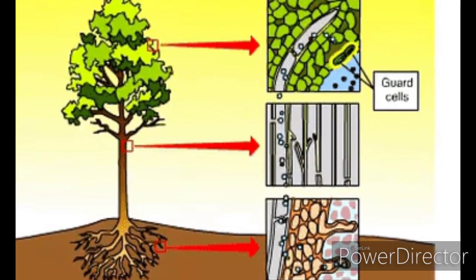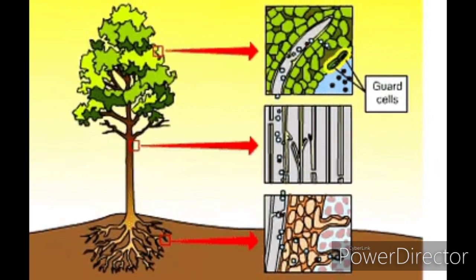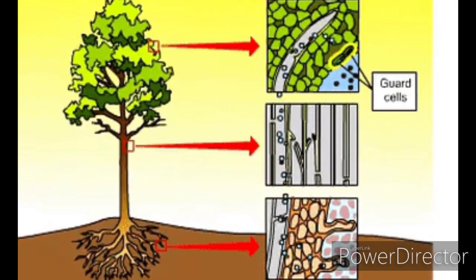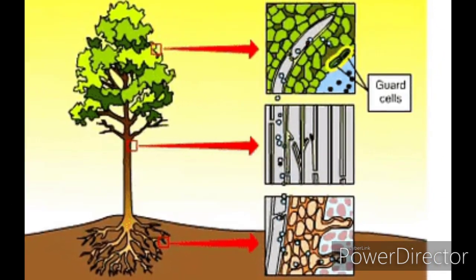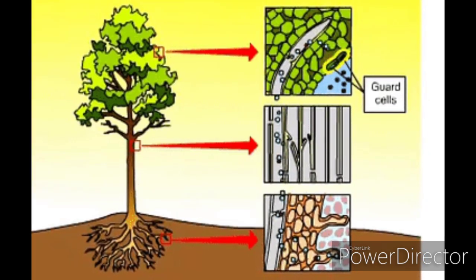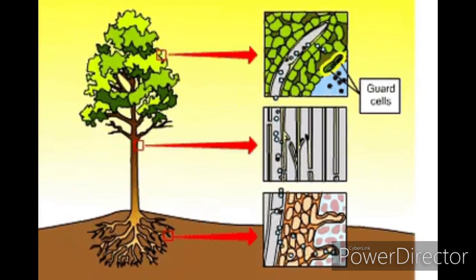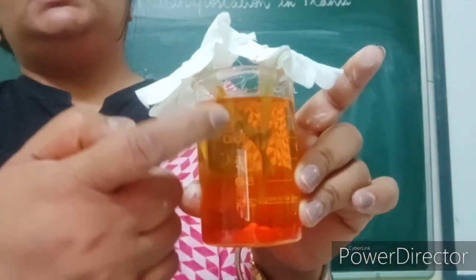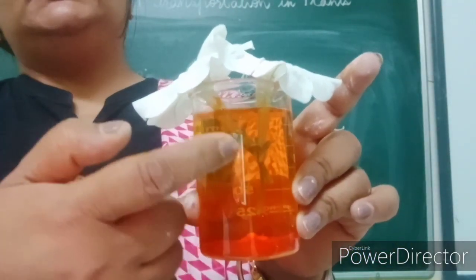Why? Because it has water, and along with it, it has dissolved minerals in it. Once the sap reaches the xylem vessels, it starts moving upwards through the xylem vessels from the roots to the leaves.